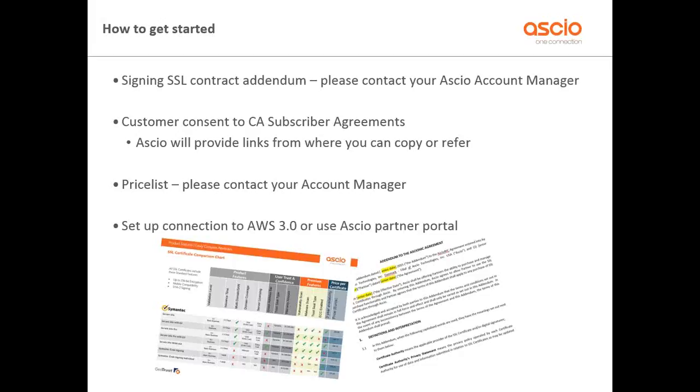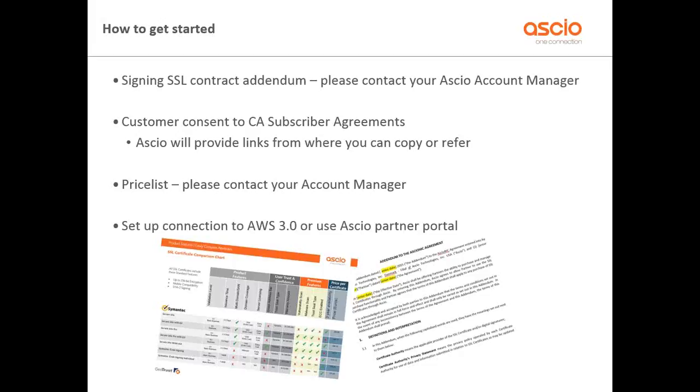We'll leave that to you, but just so you know, the customer is obliged to consent to the CA's subscriber agreements. We'll of course help you with this, and we'll provide you a link from where you can copy these subscriber agreements or refer to this link as part of your web page or customer control panel.